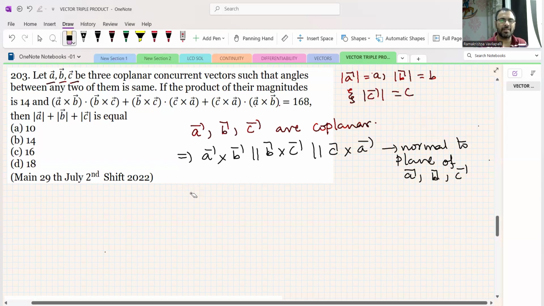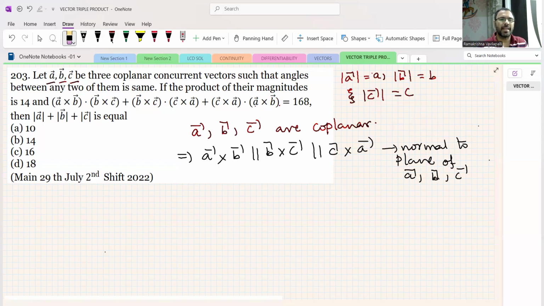The given expression implies modulus of A cross B into modulus of B cross C. I am applying the dot product of two vectors. Anyway, they are all parallel, so theta equal to 0.